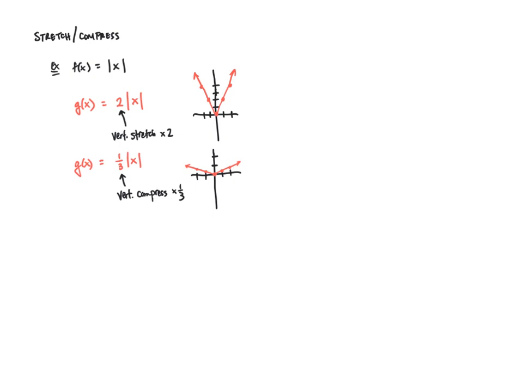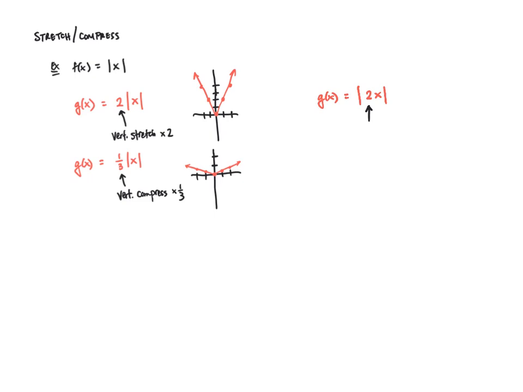Well, what about horizontal? So let's say I have g of x equals the absolute value of 2x. Now, in some sense, could you pull out the 2? Yes, you could. But because I want to just highlight the principles of my graphing techniques, let's just look at it the way it is. So this time you have the 2 multiplier on the inside. So it's going to affect the graph horizontally.